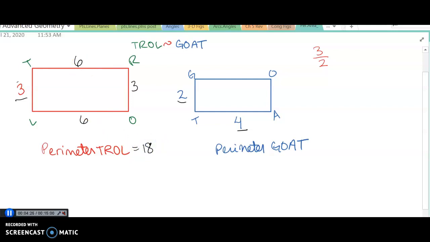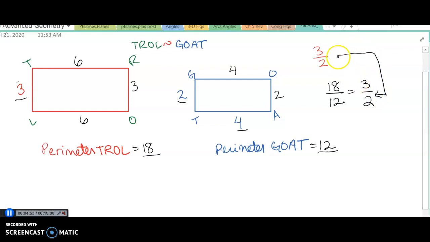And then on the goat, we've got 4 and 4 up top, 2 on the right, so 8 and 4 would be 12. So interesting, if we do the troll to the goat perimeter ratio, 18 to 12, that reduces, let's see, 6 goes into 18 3 times and 6 goes into 12 2 times.